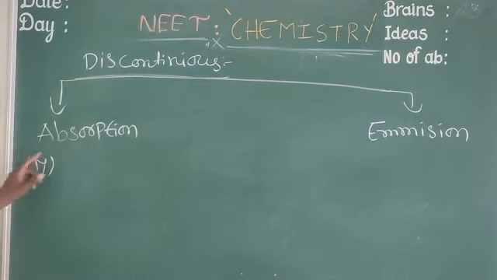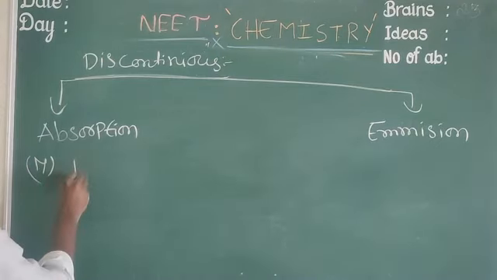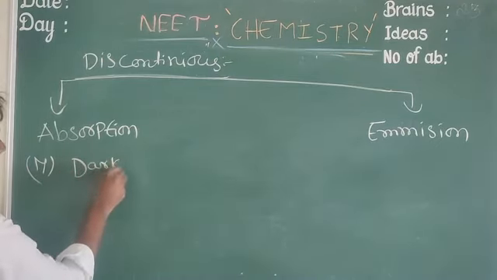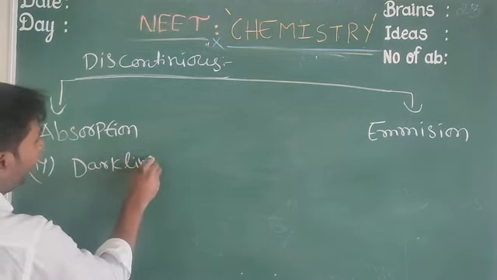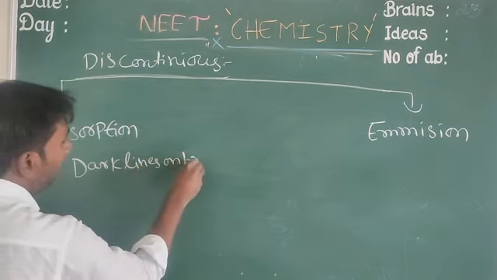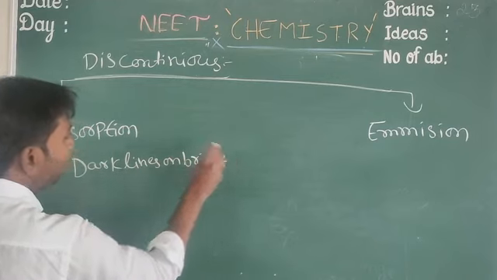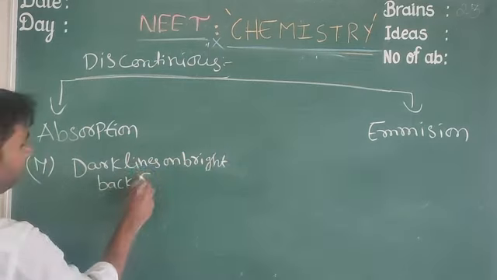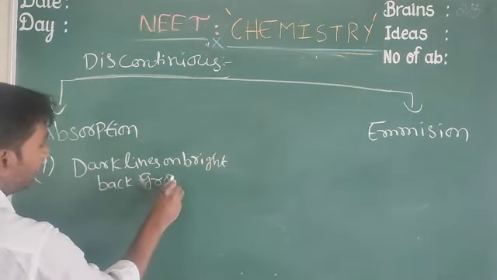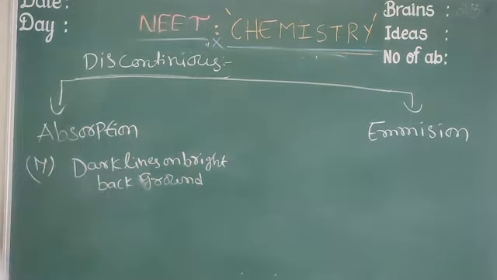When we observe an absorption spectrum, we see dark lines on a bright background. Dark lines on bright background.